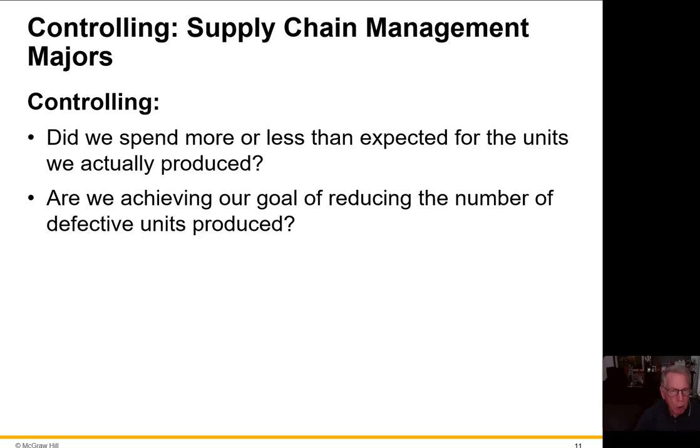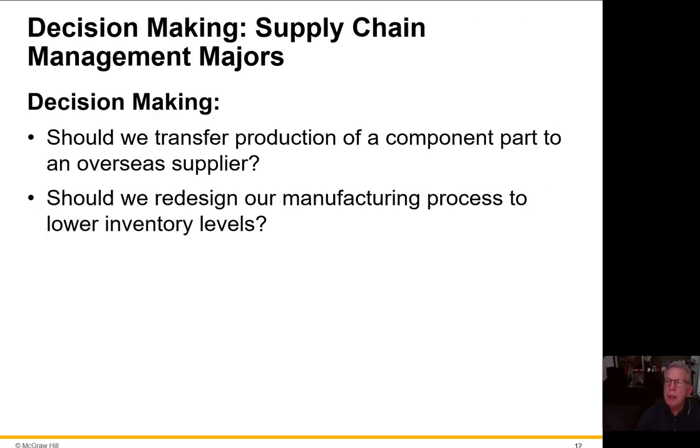Are we achieving our goal of reducing the number of defective units produced? Very important. And decision making for supply chain management majors, should we transfer production of a component part to an overseas supplier? Should we redesign our manufacturing process to lower our inventory levels?